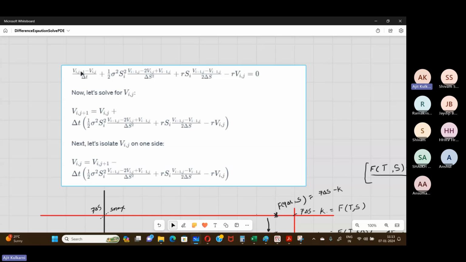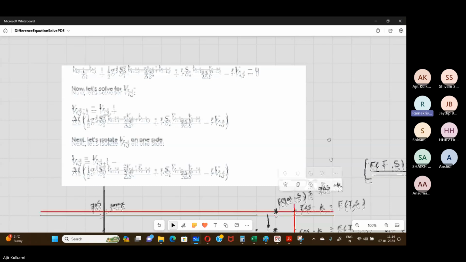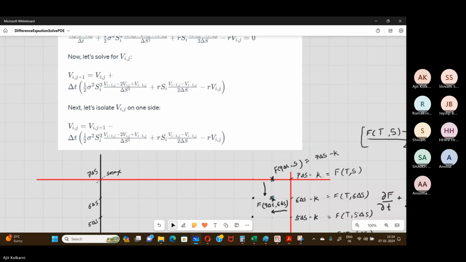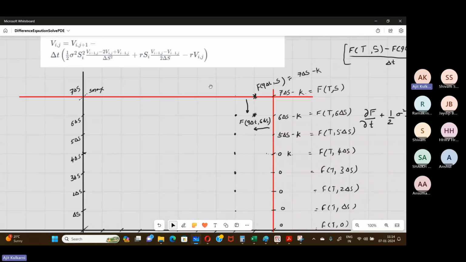So this discretization, plus half of this, then you solve for v i j. You rearrange this equation and you can get the value of how to come at this point using this and this. Then you iteratively apply this iteration going backwards in time and space until you reach this point.